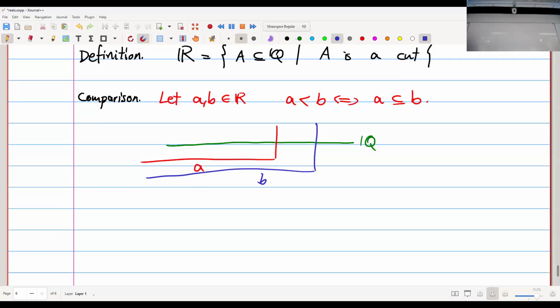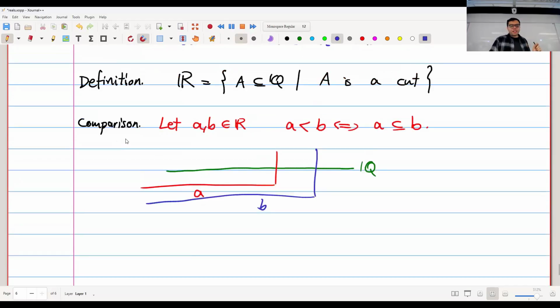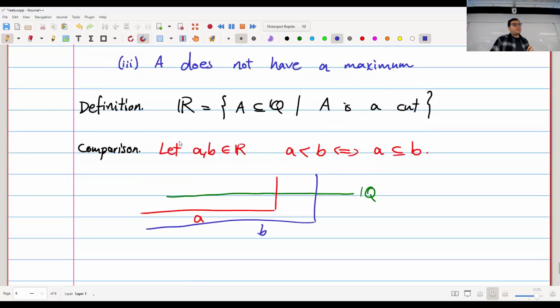When A is a subset of B, when you look at them as subsets of Q. So this is how I'm defining my order on the real numbers. When I want to compare two real numbers, I just say A is less than B if and only if A is a subset of B.